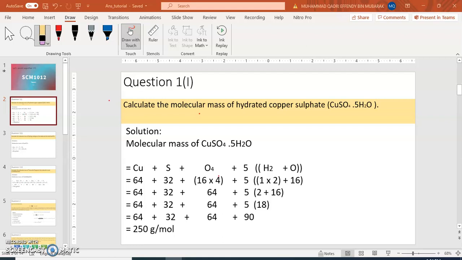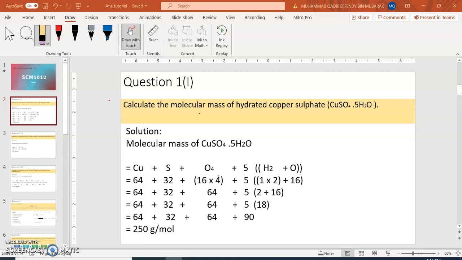Mole mass follows the order: bracket, order, division, multiplication, subtraction, and addition. So we need to know which comes first, and based on that we can get the correct answer, or the correct way to calculate each species.